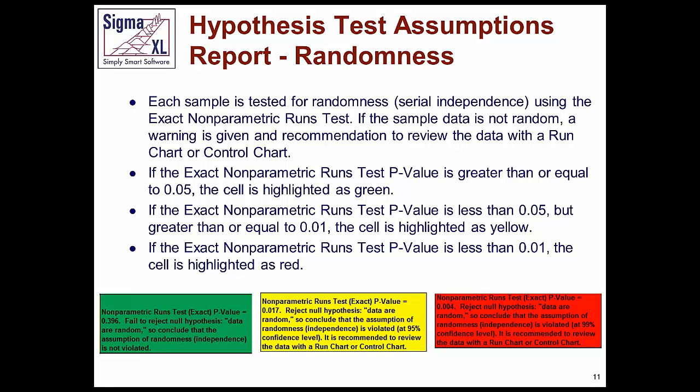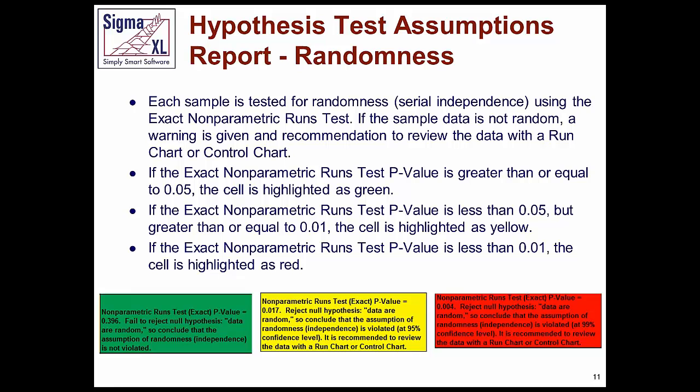If the non-parametric runs test p-value is less than 0.01, we highlight that in red. So we're saying that at the 95% confidence, we're calling that yellow, and at the 99% confidence, we're calling that red. There you would look for a trend. You would look for something that obviously you'd want to look at your data with run charts, with other graphical tools.